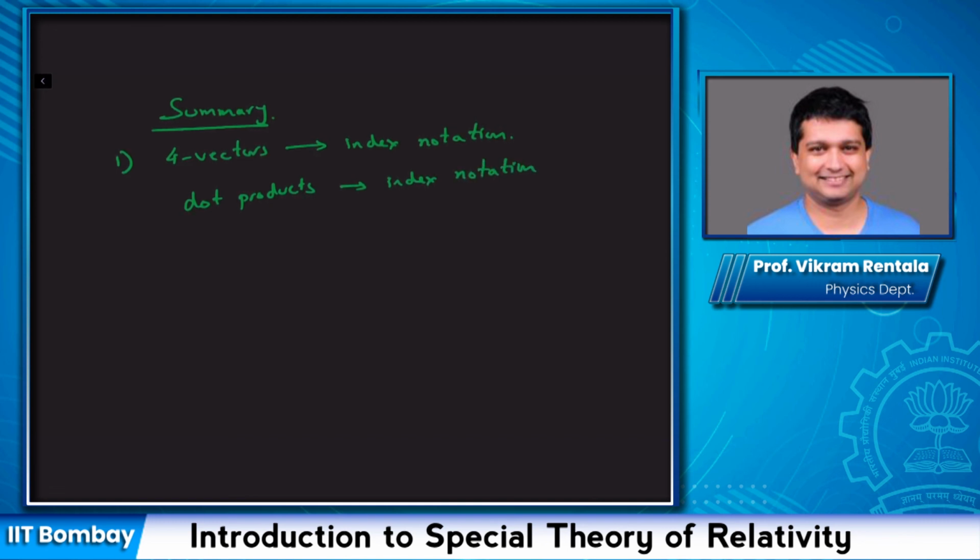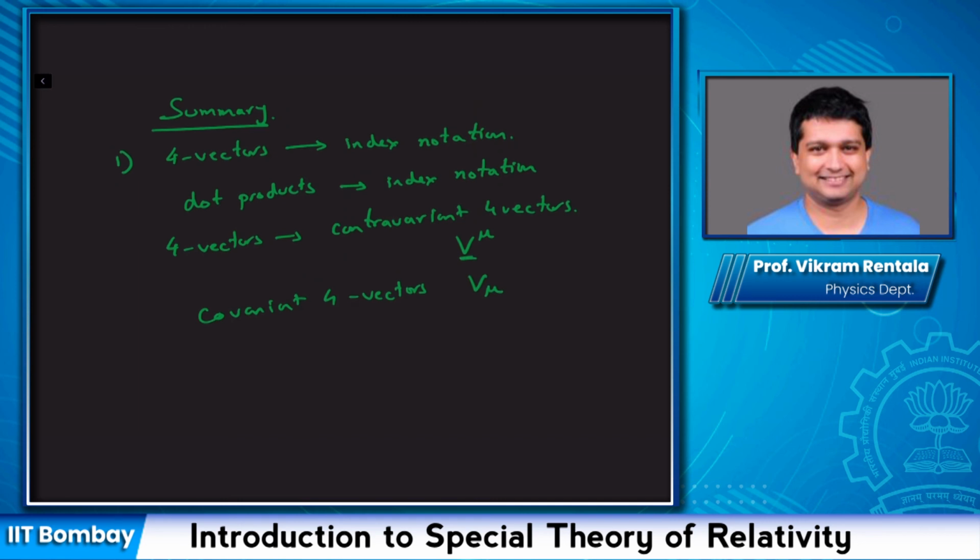And we saw that it's useful when we talk about dot products to talk about not just conventional 4 vectors, which we think of as contravariant 4 vectors, but also what are called covariant 4 vectors, which are not different objects, but rather the same object written differently.